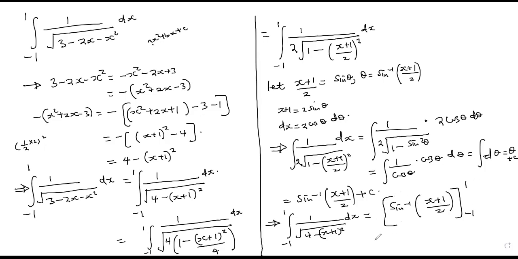When you substitute 1, it's sine inverse of (1 plus 1) over 2, which is 1. So sine inverse of 1 minus sine inverse when you substitute -1, it will be (-1 plus 1) over 2, which is 0. And sine inverse of 1 is 90 degrees, which is pi over 2, pi being 180. So that is what we come up with.